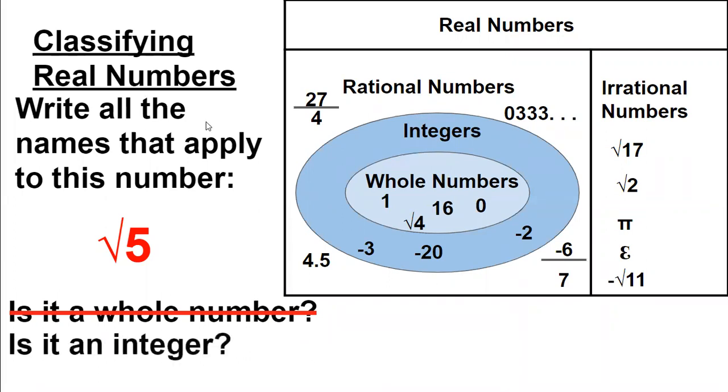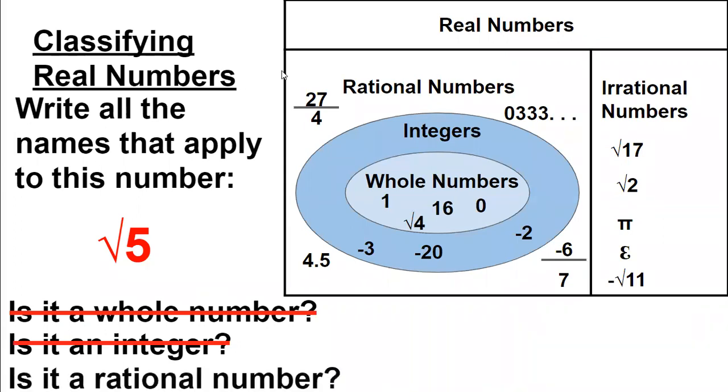Is it an integer? Remember, integers are the whole numbers plus the negative whole numbers. So no, it is not a whole number. We decided on the first part, so it can't be an integer either. Is it a rational number? Can you write square root of 5 as a fraction? No, because you're not going to get a number that's exactly precisely going to square together to give you the answer of 5.